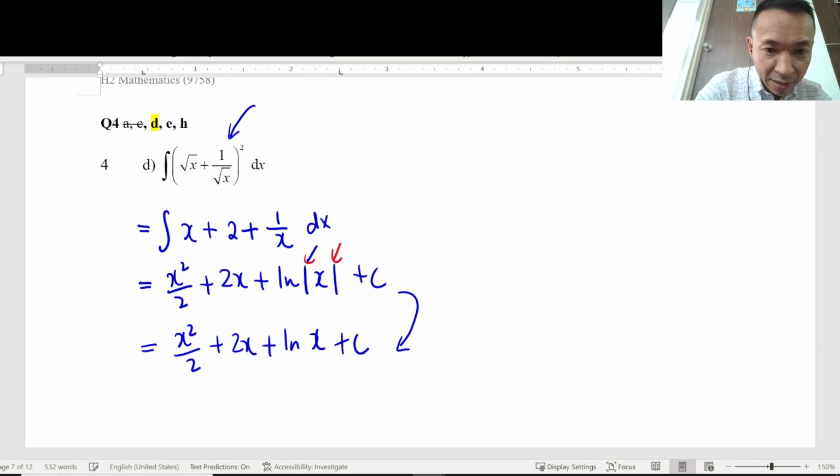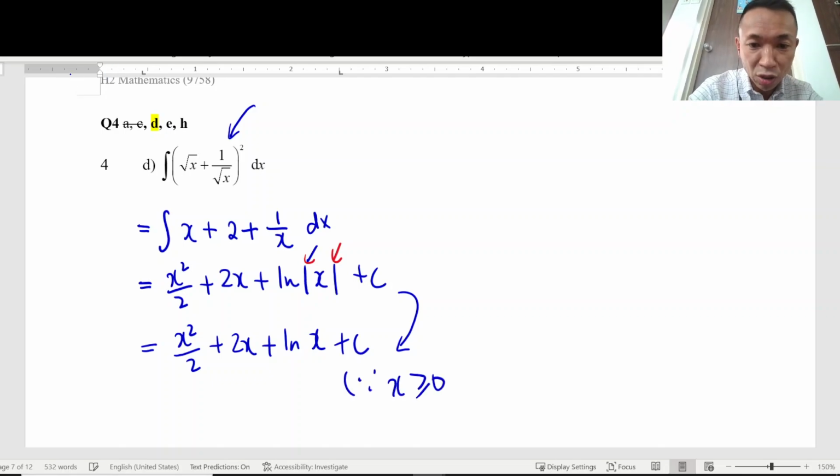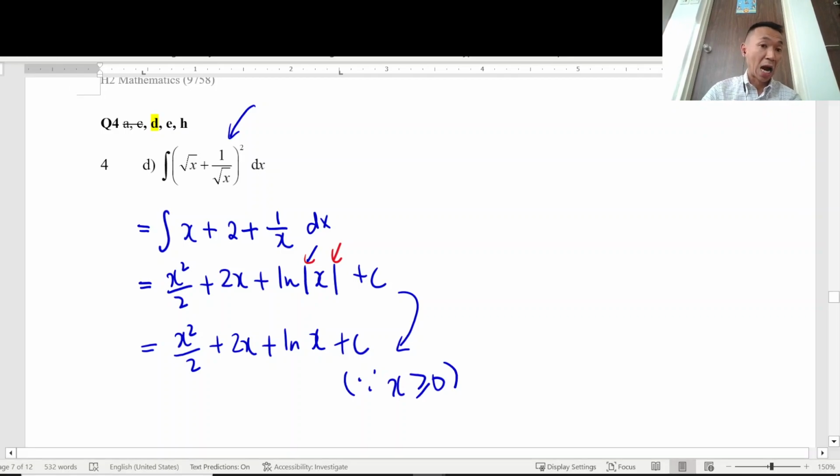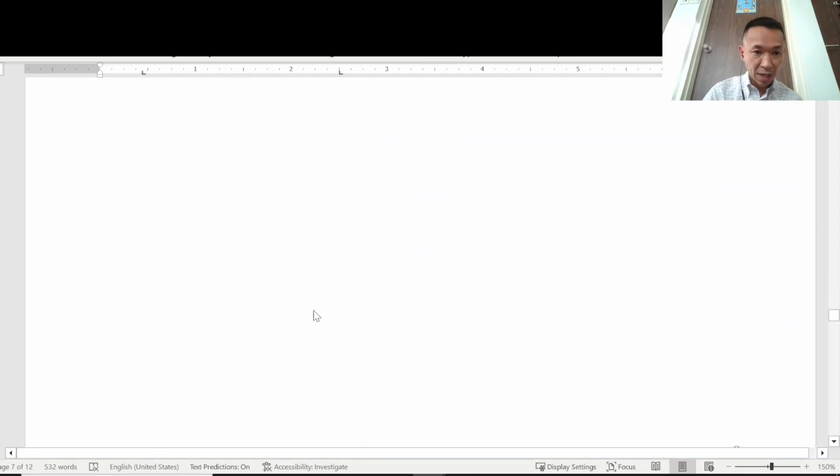Now, because x is positive, at least non-negative. Actually, it should be positive. Sorry. Otherwise, it won't be different. Now, it is not wrong to leave here, but it's more precise to leave here. If you cannot see from here to here, it is not the end of the world. Okay, unclear? Rewind.